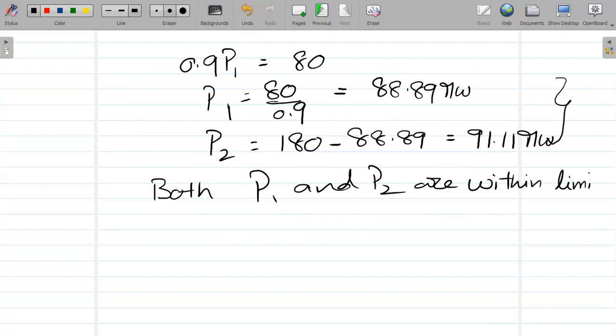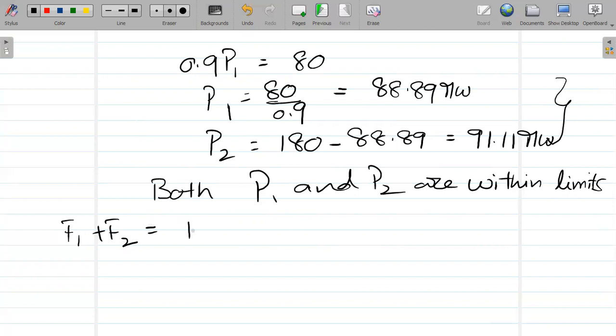Now, what is the other sub-problem? You have to calculate what the savings are, obtained when the load sharing and the economic operating schedule are compared. For that, calculate the total fuel cost for the given economic operating schedule.